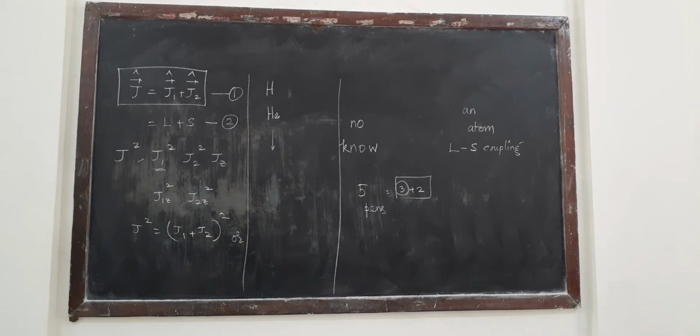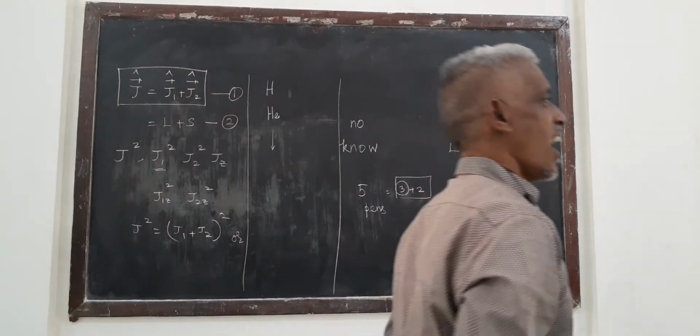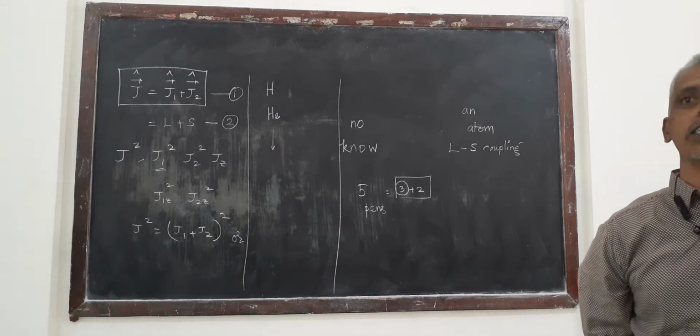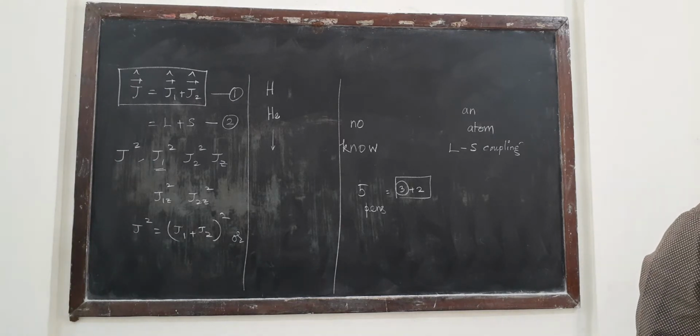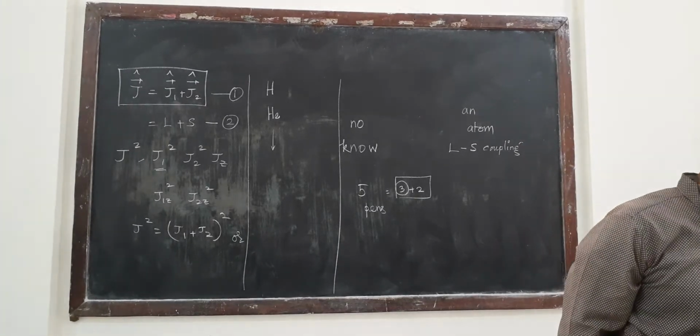Don't go back and say J1 square plus J2 square. I am standing on the platform. When I was asking that, you are not saying. When I am giving an example, you are saying that. No.